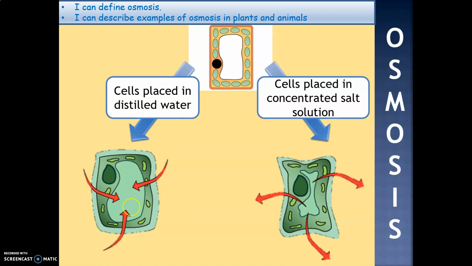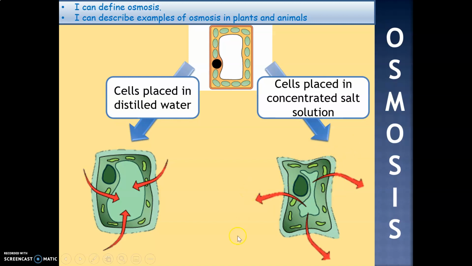That's because the outside environment of the cell has got more water compared to inside the cell. So water is in high concentration outside compared to inside. So water will go into the cell that is in low concentration of water, and then the cell will swell and become what? Turgid.